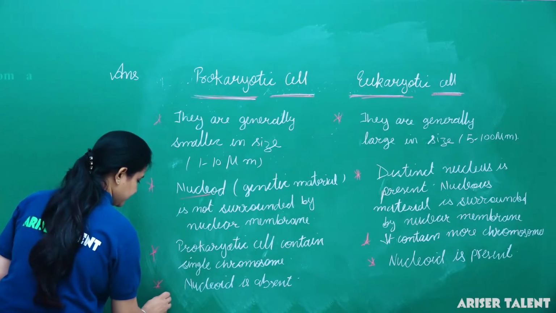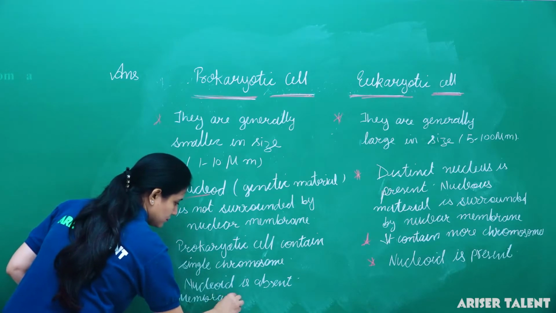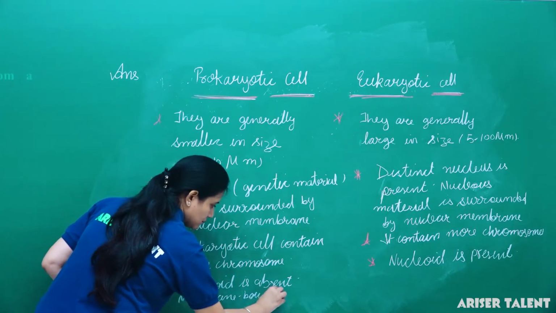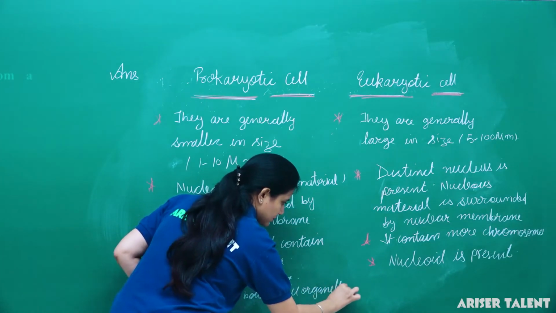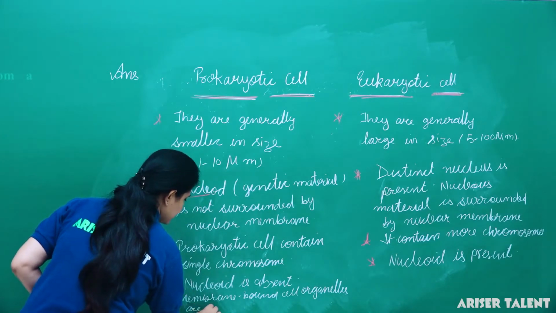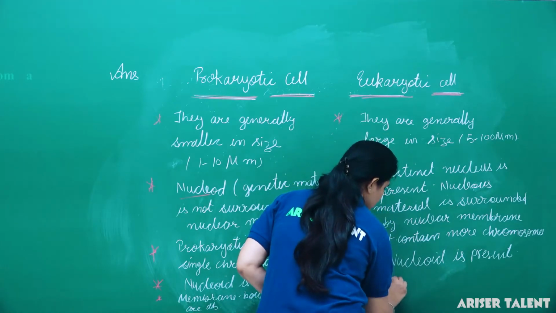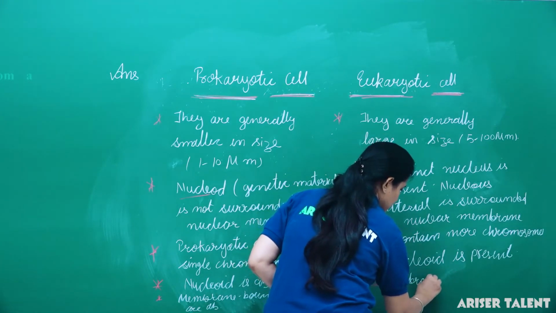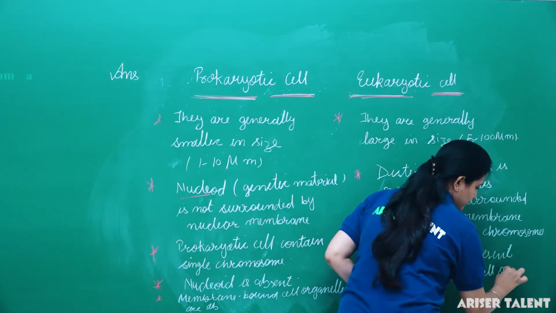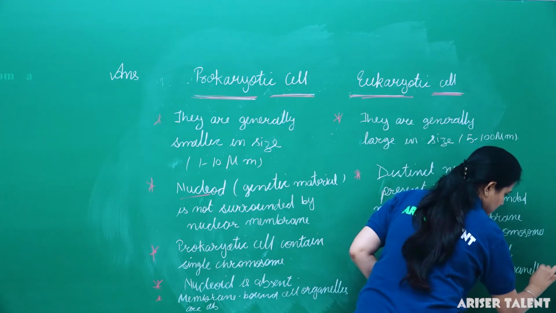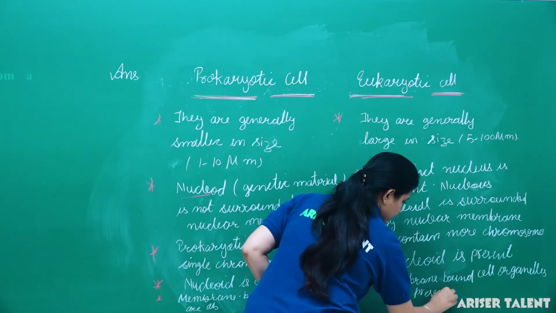Here I can mention membrane bound cell organelles are absent in the prokaryotic cell, and in the eukaryotic cell, membrane bound cell organelles are present.